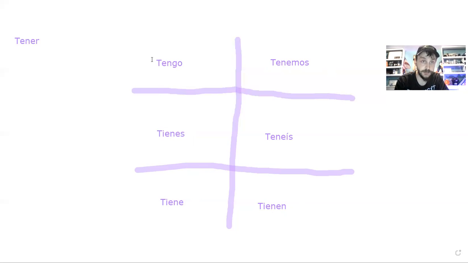Now, is this really making sense why there is an irregularity in the yo form? Yes, because it just takes the sound out of the Spanish language if you leave the G out of tengo, right? And you can't do that. I mean, that would break a rule in Spanish.